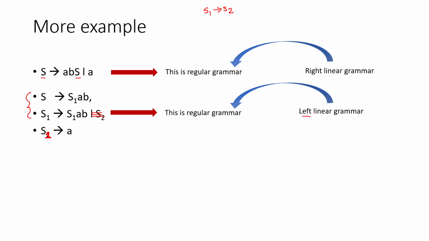Now, every time it may not be possible, right? I mean, a grammar can be something like this also. Again, I have a problem, I'm sorry. I should have something like this. Okay. So, what is this? This is another grammar. With respect to this production rule, the grammar should be left linear.